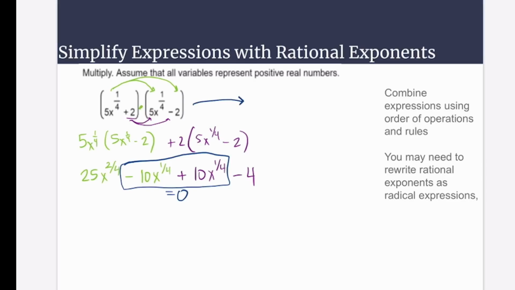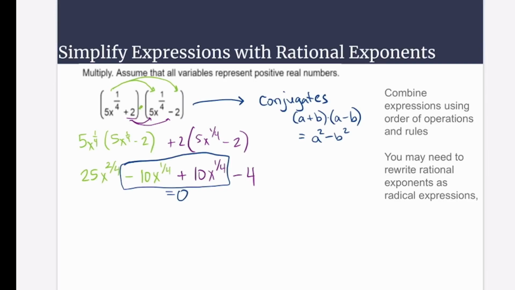So if you noticed it right away, these are conjugates. Whenever you have a plus b times a minus b, binomials being multiplied, same terms, but one's plus and one's minus, that simplifies into a squared minus b squared.